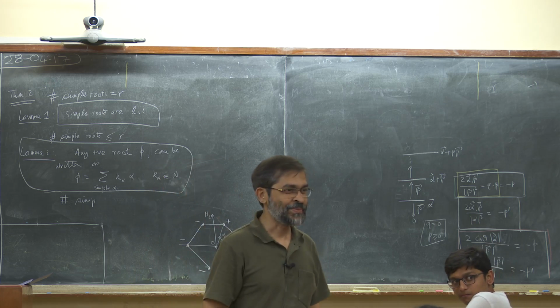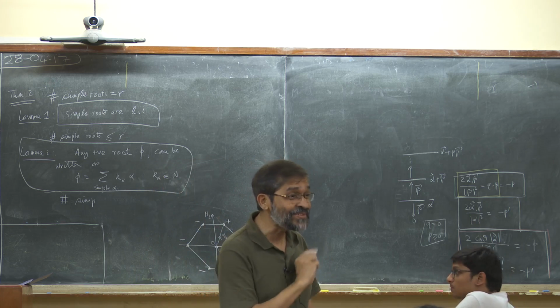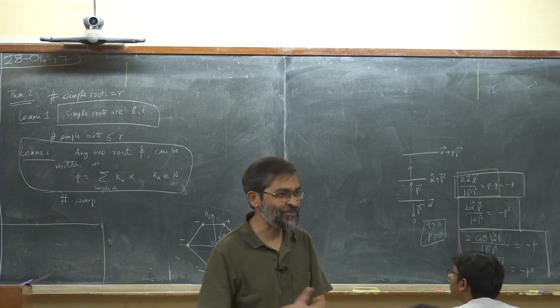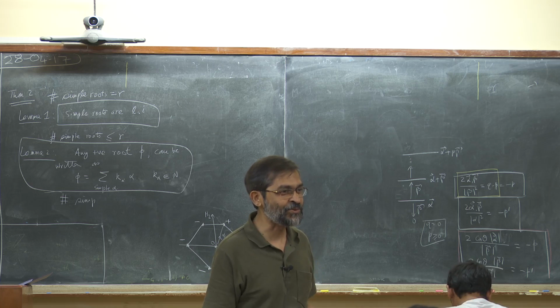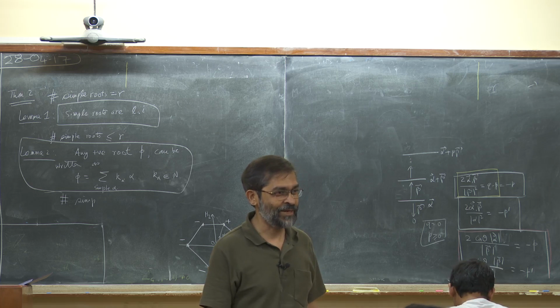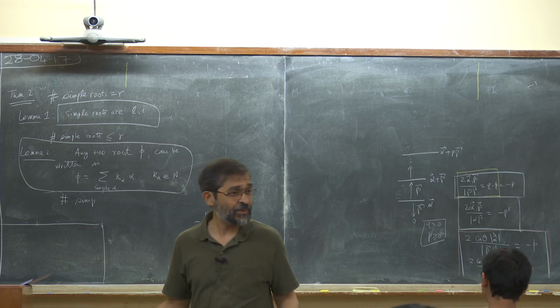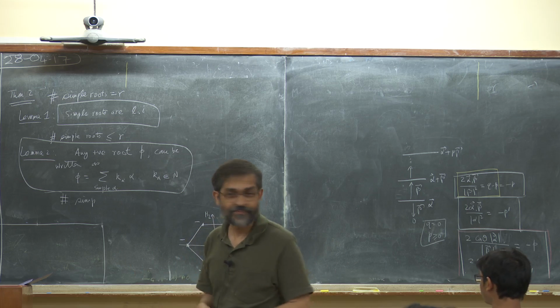But it ends. Why does it end? Because you will keep generating more and more roots, but at some stage you will run out of roots. Why? Because there is a finite number of roots. If there was an infinite number of roots, this proof will not work.